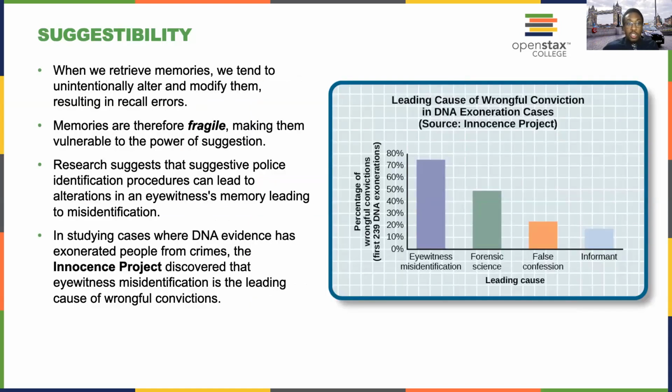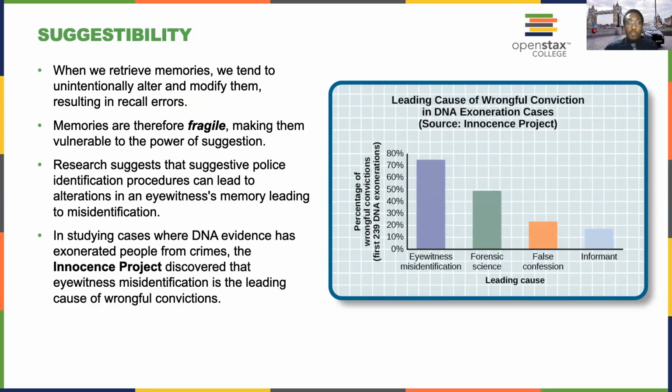When we talk about suggestibility and misinformation, we talk about how our ability to retrieve memories is consistently altered. Our memories are not a perfect recreation of what has actually happened in the past. We are constantly modifying them every time that we retrieve them.